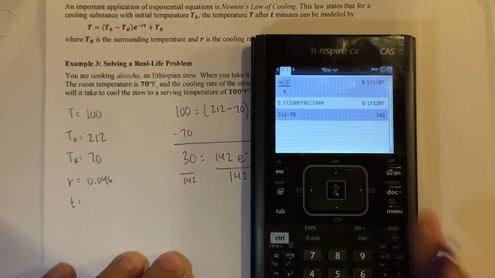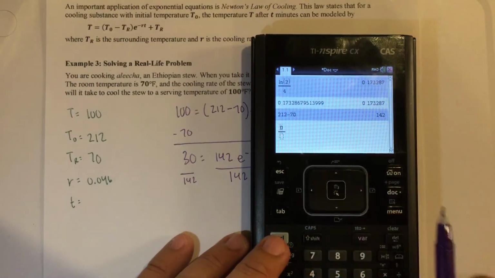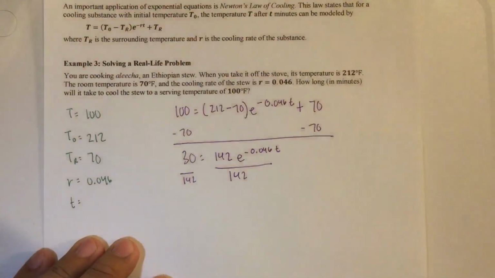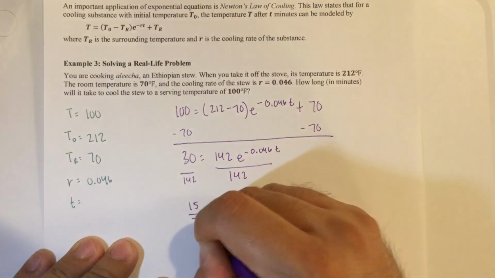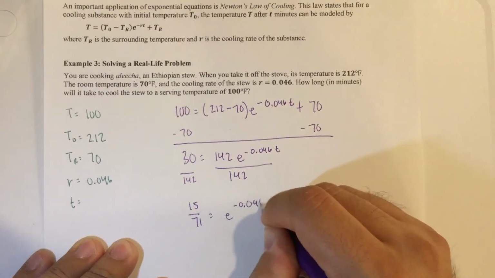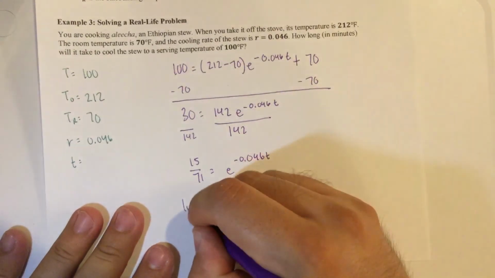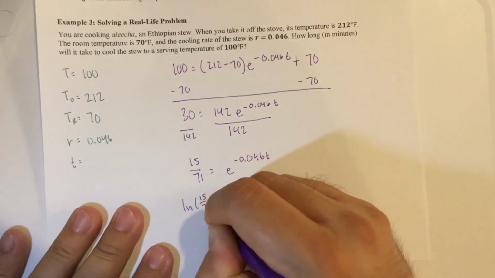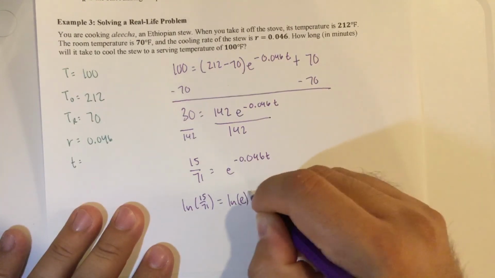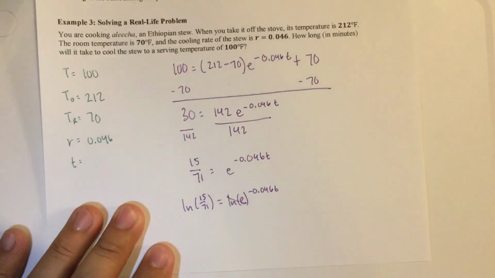Over here, I'm going to reduce it in the calculator, which is 15 over 71. Now we take ln of both sides. ln and e are inverses, so they cancel out.